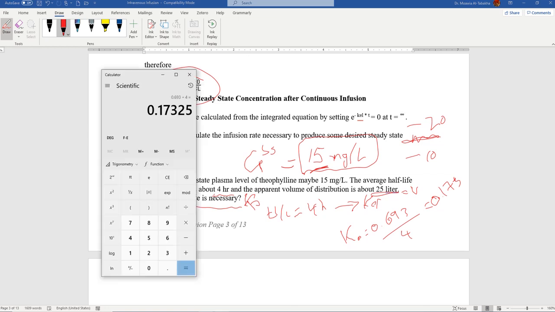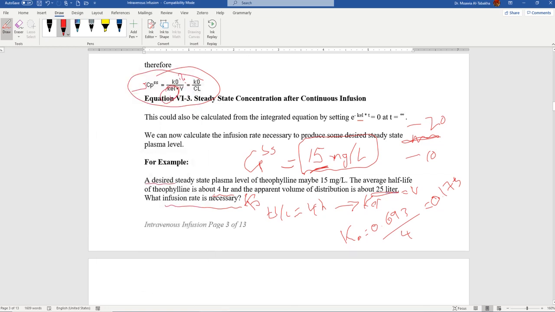Yes. What is the unit? Hour to the power of minus 1. Why hour? Because the half-life is in hours.